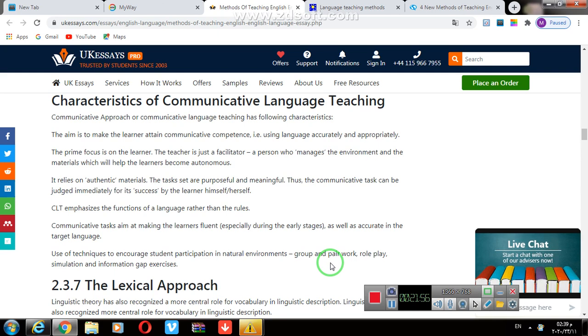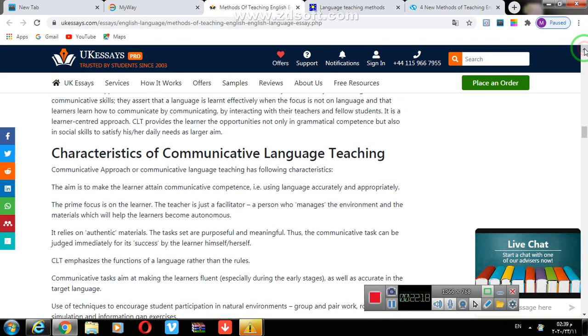These methods are effective for teaching English later. So please read the lesson carefully, and in case of any discussion, join me on my private WhatsApp number, and I will discuss more methods with you, and we are going to talk more about methodology in later sessions.